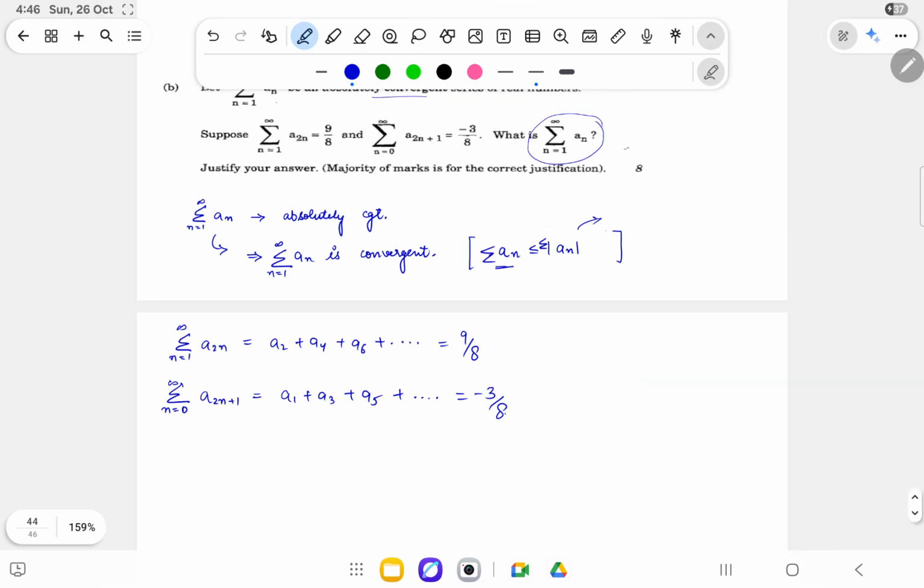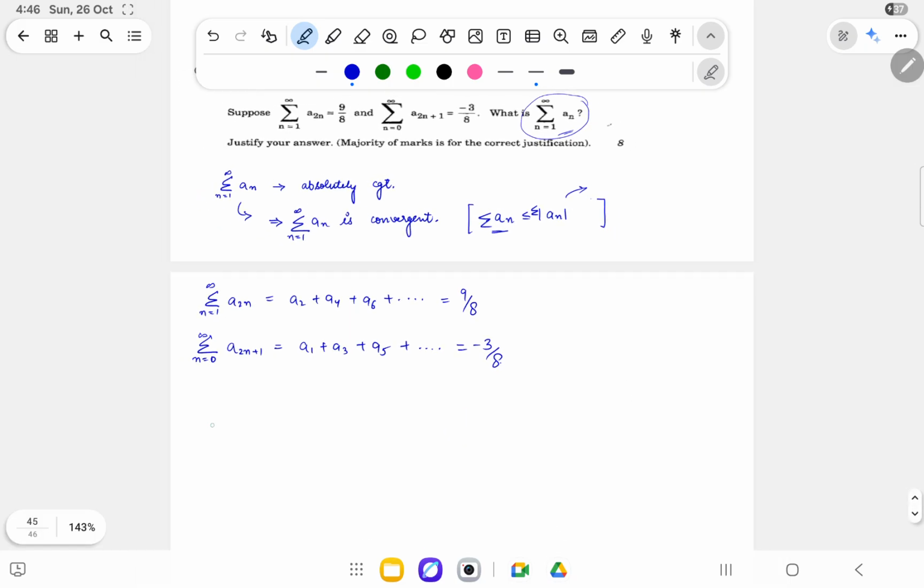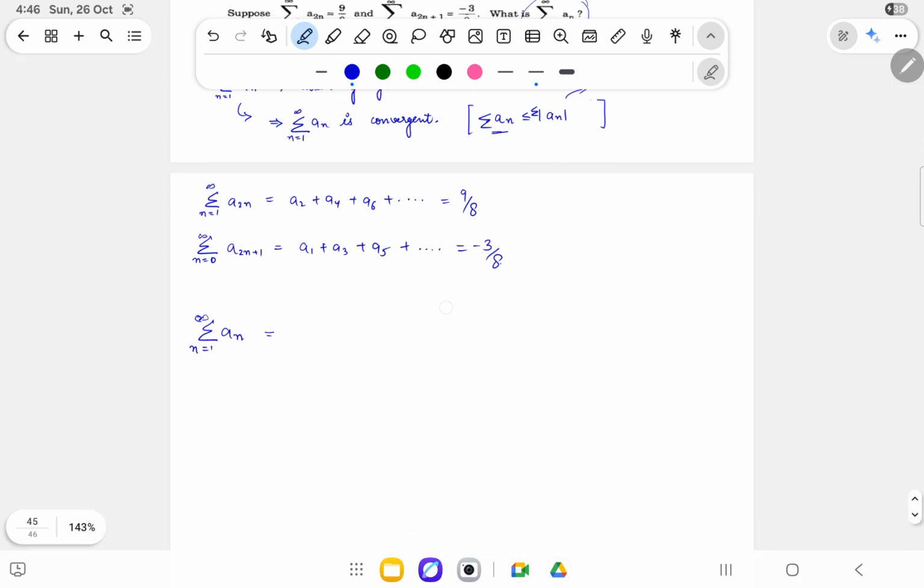Now they have asked what will be the sum of the series, that is, we are supposed to find summation n equals 1 to infinity an. If I expand it, it will be a1 plus a2 plus a3 plus a4 and so on.